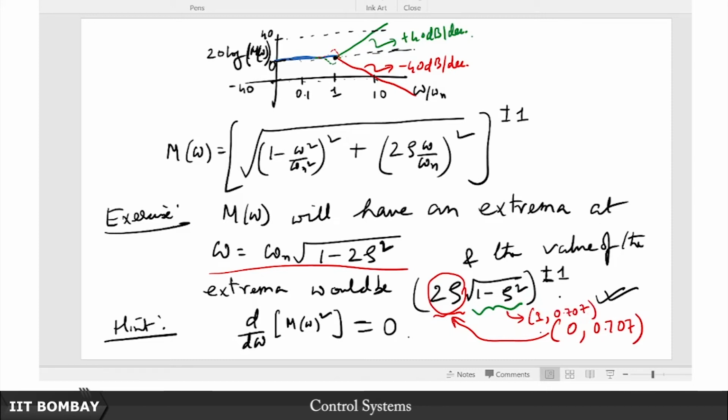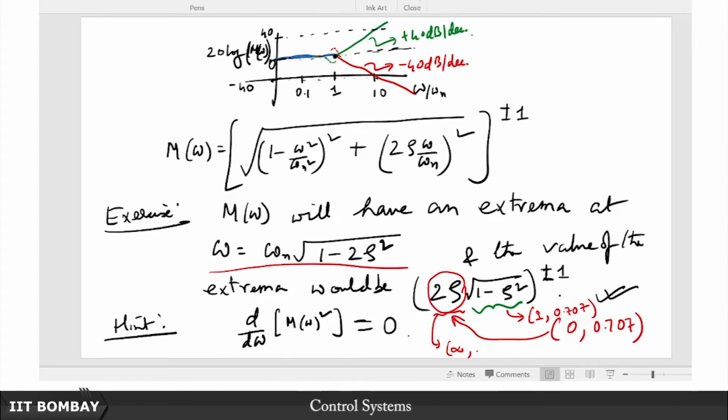So, at zeta equal to 0, this is 1, and at zeta equal to 0.707, this is also 0.707. On the other hand, this factor at zeta equal to 0 is almost like infinity, and at zeta equal to 1 by root 2, that is root 2, so it is 1.414.